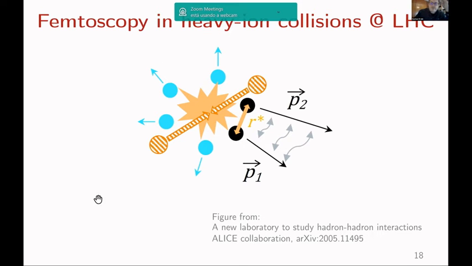So what is this about? You produce here in a heavy ion collision a lot of particles, including, of course, J/psi and nucleons, protons and neutrons. And as a final state interaction, you then measure the correlation between J/psi or epsilon with the proton.